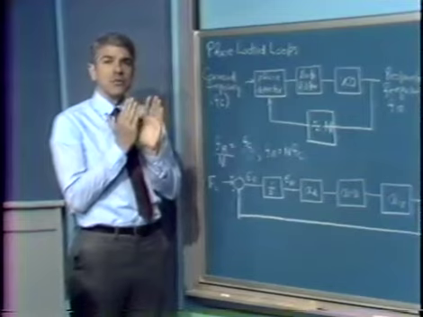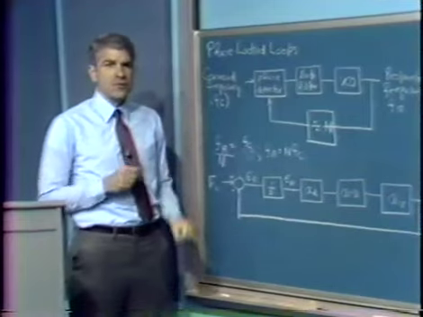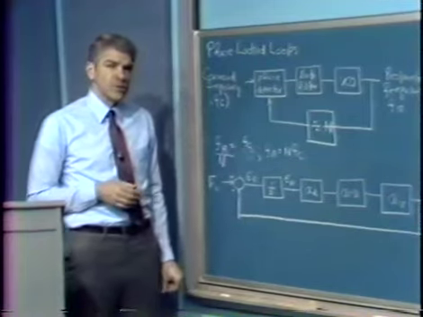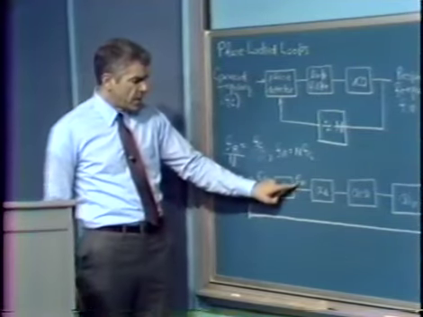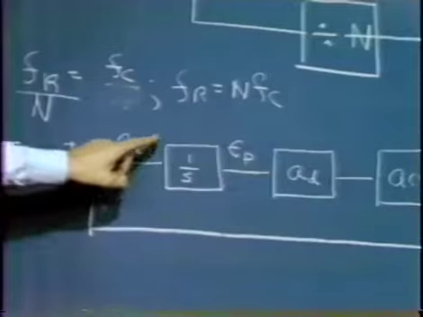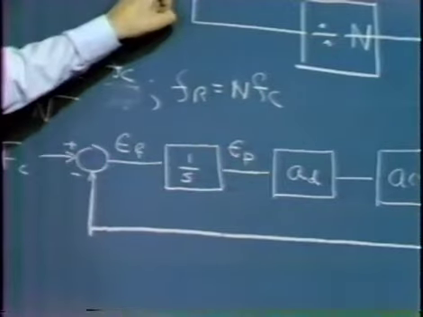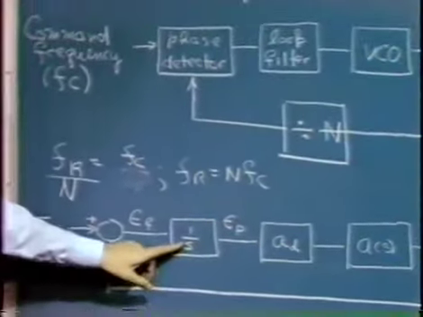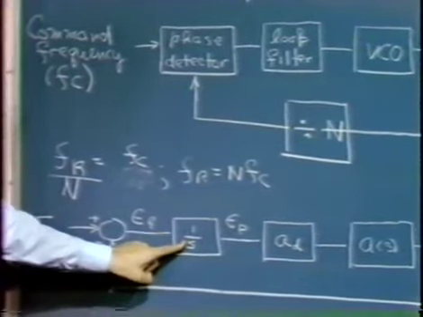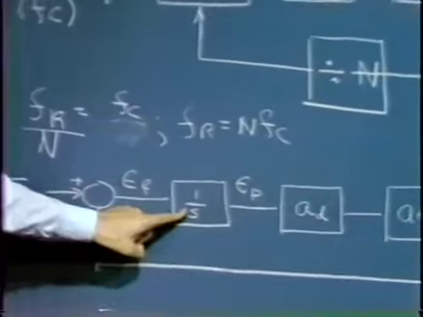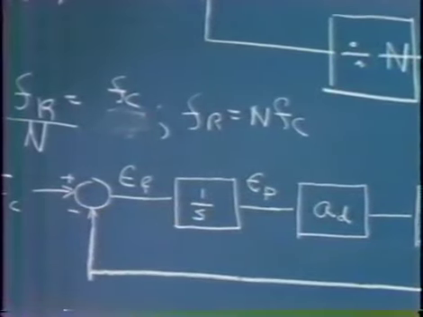The phase angle between the two of them is a progressive function of time and in fact linearly proportional to time. Consequently, when we're interested in the error in phase rather than the error in frequency, and the error in phase is what our phase detector really gives us, there's a single integration between frequency and phase, and we represent that as simply a 1 over s in our block diagram.